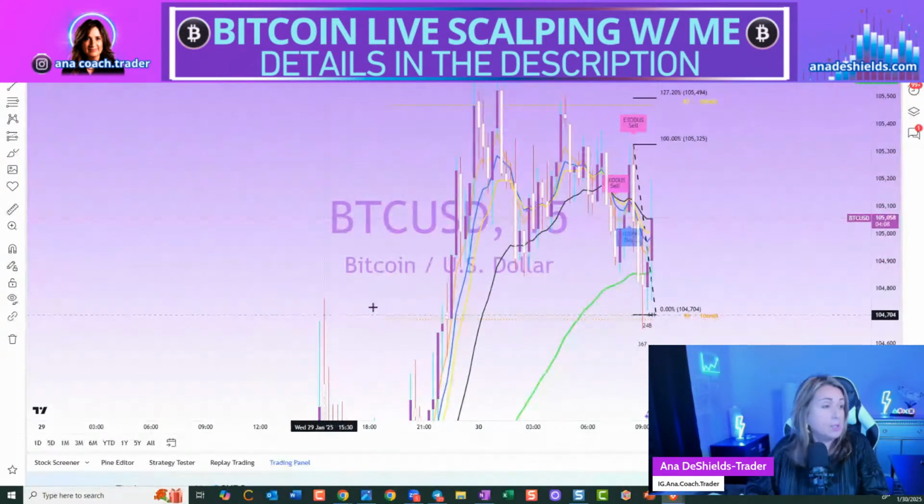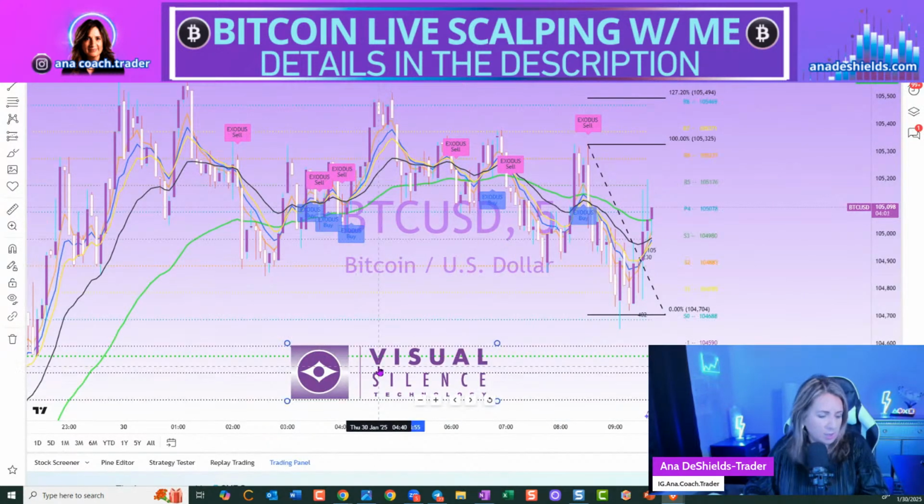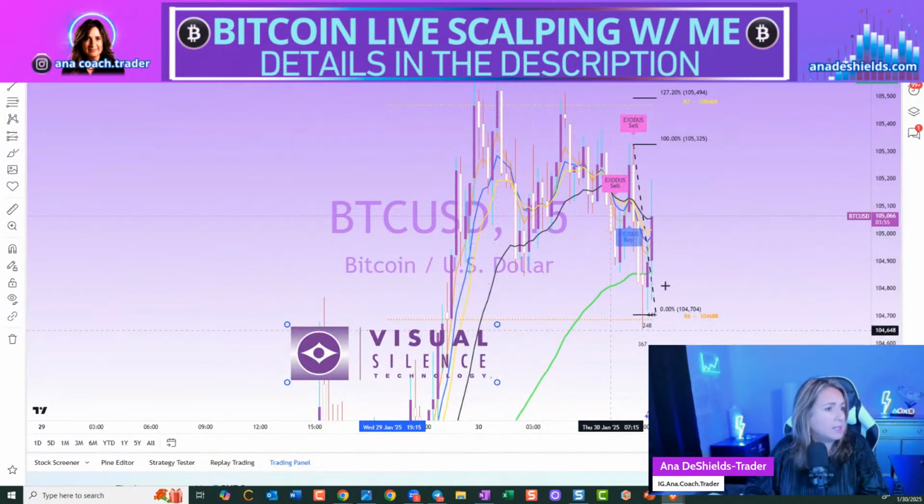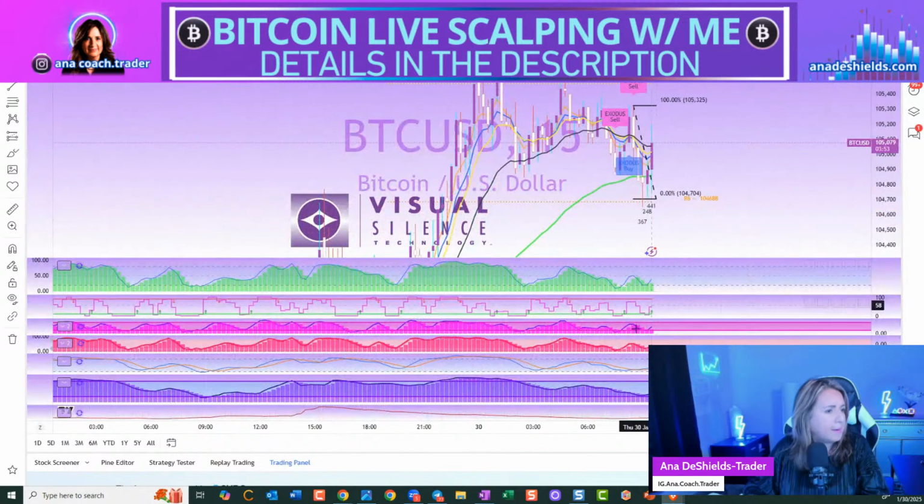We want to see what our trend is and how much momentum is available for us. Okay, so she is buying. The momentum is buying, and she's sitting on our 50.